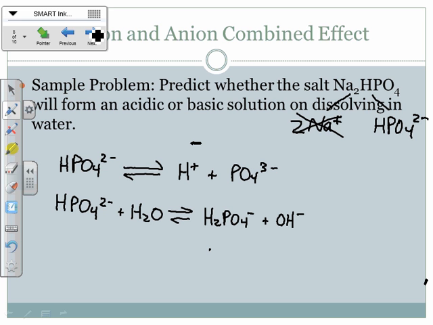So either one of those things could happen because HPO4 2- is amphoteric. It could either gain a hydrogen or it could lose one. So what we have to do again is we need to know the Ka's for both of these things, or I guess the Ka for one, the Kb for the other.